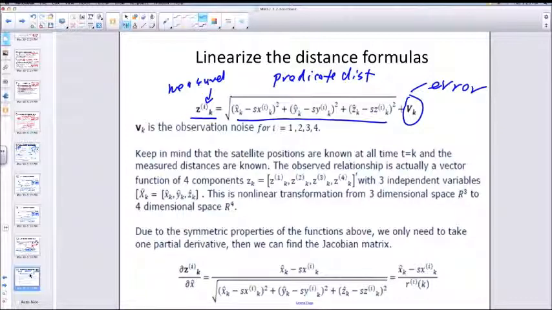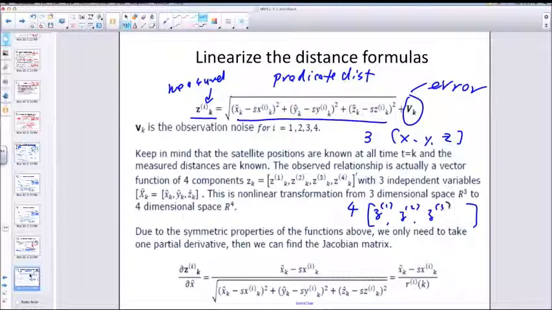Then you're going to have a vector function with 3 variables, X, Y, Z, and 4 components Z1, Z2, Z3, Z4 standing for the 4 distances to the 4 satellites, right? Get it? So that's the complication. But thankfully, they're all the same because of the symmetry in the math.